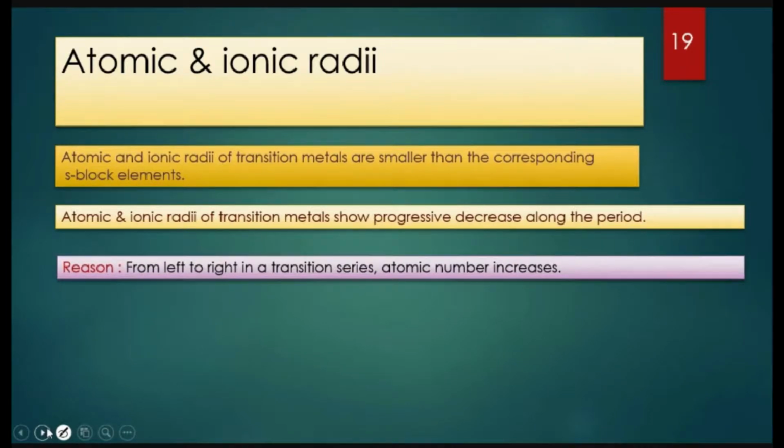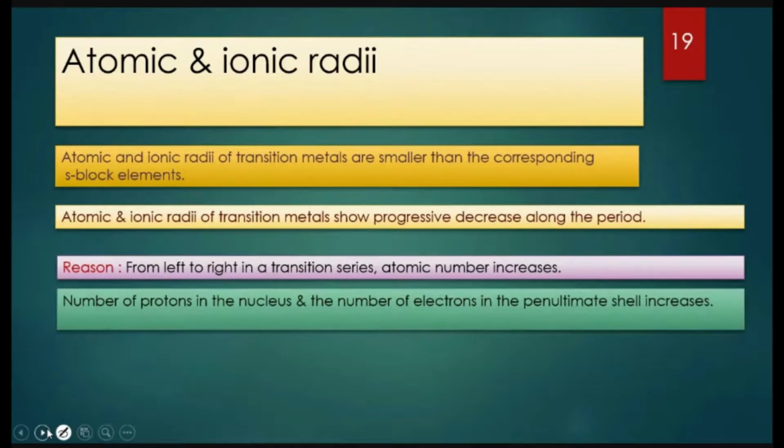From left to right in a transition series, atomic number increases. What is the definition of atomic number? It is the number of protons present in the nucleus of an atom. In any atom, to maintain electrical neutrality, there are equal numbers of protons and electrons.